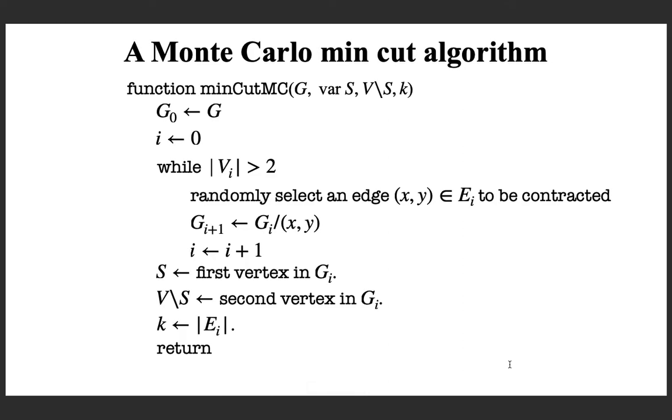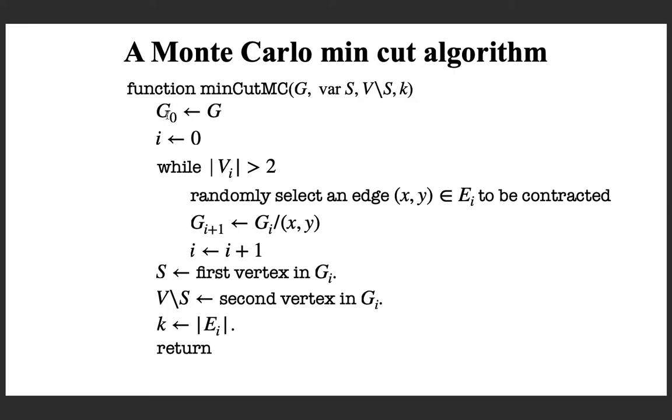Now I am just copying the algorithm given in the text. So it's min cut Monte Carlo, and it takes a graph as input and it returns, these are parameters to return the solution, the first set of vertices and the second set of vertices of the required cut and the size of the cut obtained.